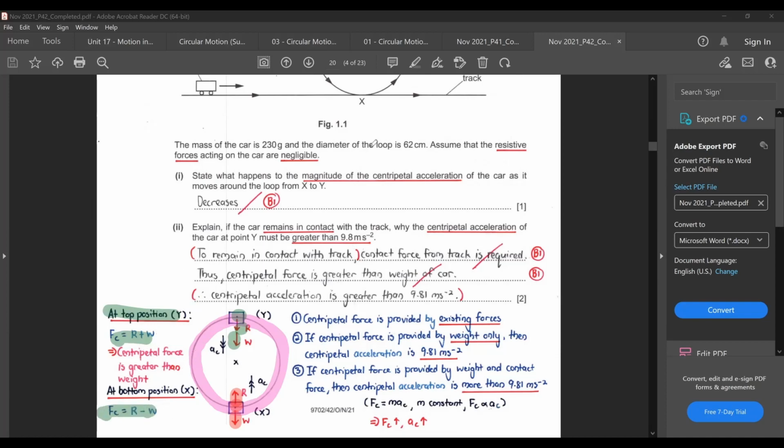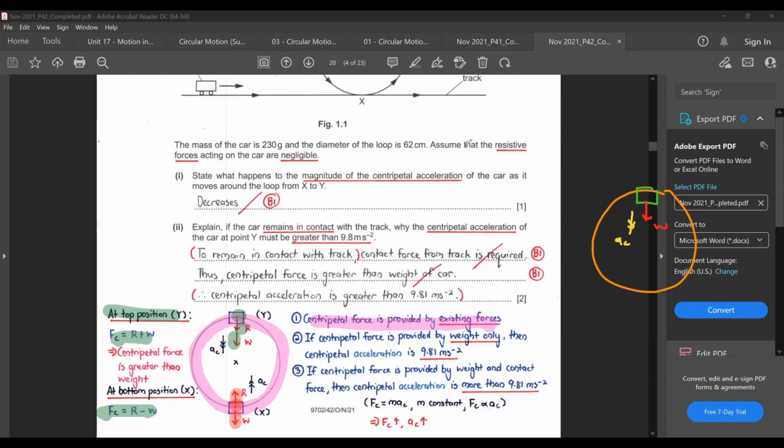Okay. Now, we know that centripetal force must always be provided by the existing forces. You consider this now. If I talk about the top position, and somehow I say that the only force acting was just W, and my centripetal acceleration is downwards towards the center of the circle.